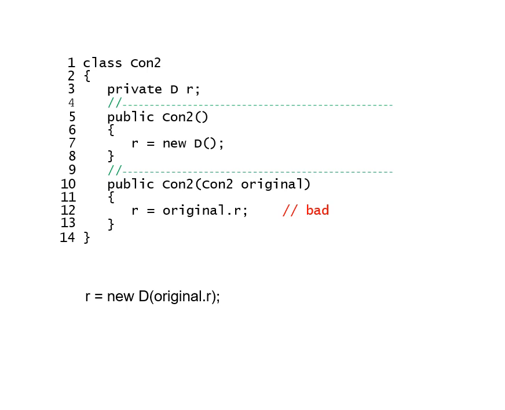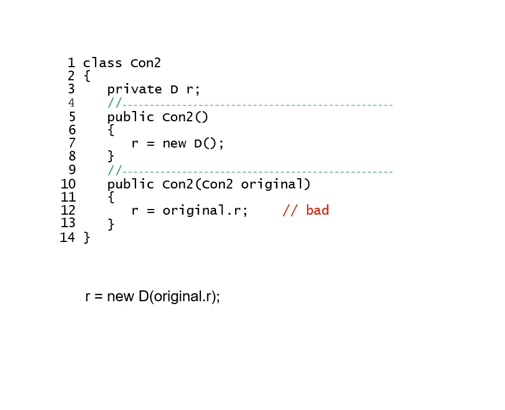And that D object can't be any old D object. It should be identical to the D object in the original con2 object that the original con2 object is pointing to, right? So after this whole process, you have those two structures identical, but you have two separate D objects.